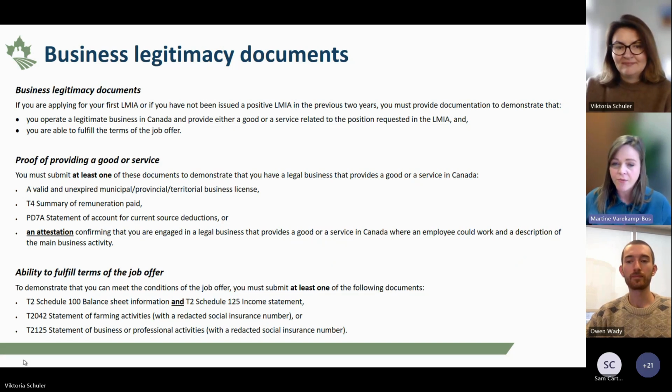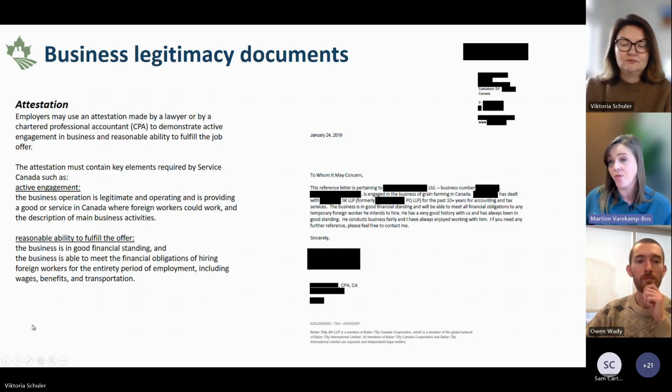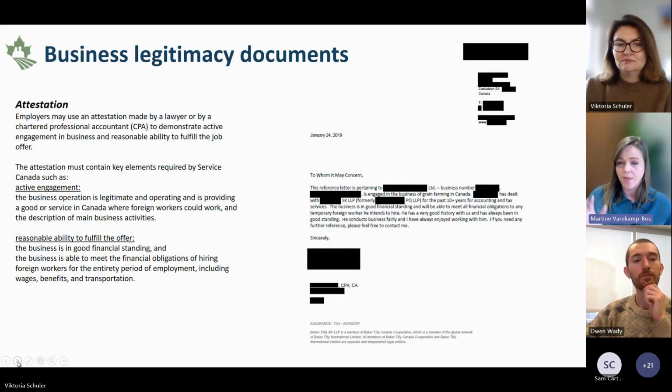If you don't have either of those documents, you can also look at getting an attestation from your CPA, your accountant, or your lawyer to confirm that you're providing that goods and service, and that you're actively engaged in that business, and that you can reasonably fulfill that job offer.